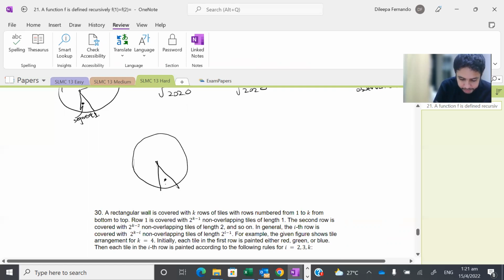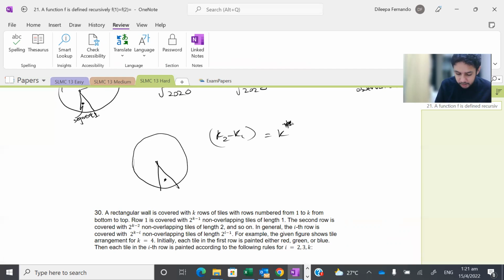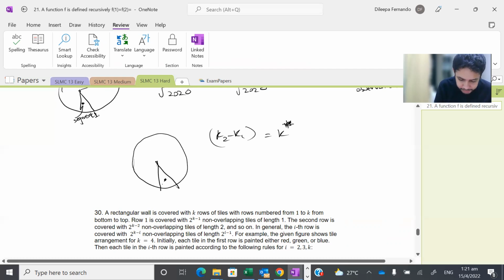Segment 1, and the corresponding number is K2 minus K1. So let's consider it as K star. Okay. So what happens when it becomes 2K star? For K star it is something like this.